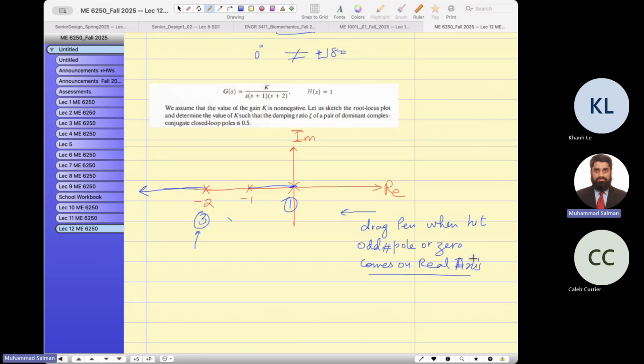So we will see more examples. In this case the number of poles is equal to 3, and the number of zeros is 0. m represents the number of zeros, which are the numerator roots, and n represents the number of poles. Agreed?